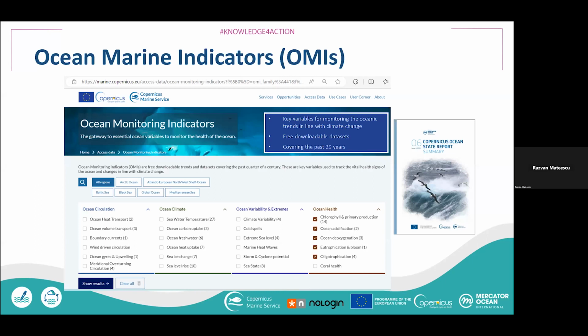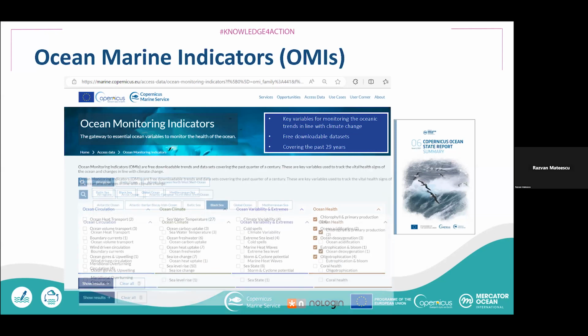So going to this web page, you may select the region of your interest, and here you will find ocean circulation, ocean climate, ocean variability on the extremes, but also ocean health monitoring indicators. And based on this, you may develop your ecological studies in your specific area of interest.